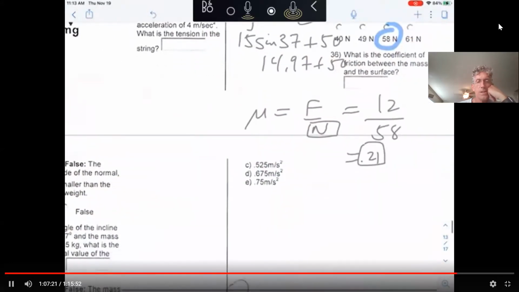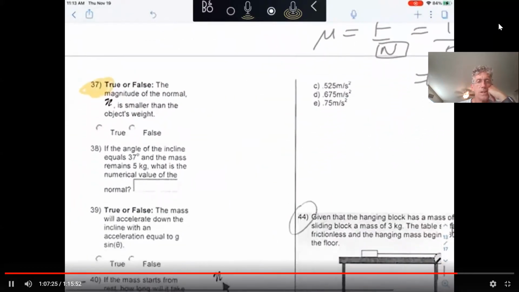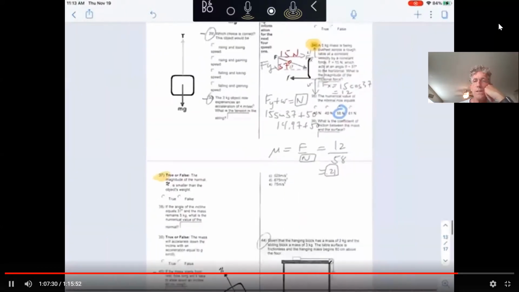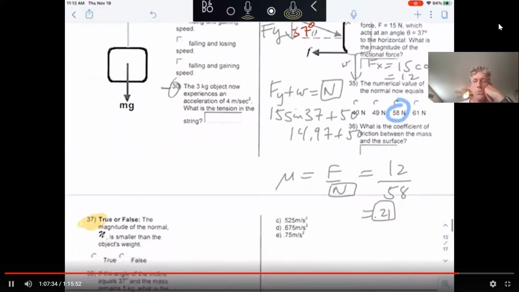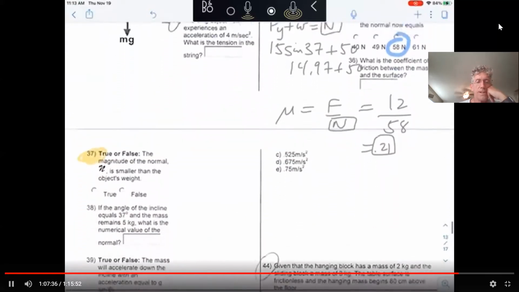And in this case, the size of the normal force is what? Greater than the actual weight because it's being pushed down on.